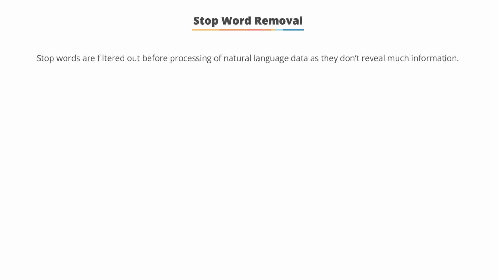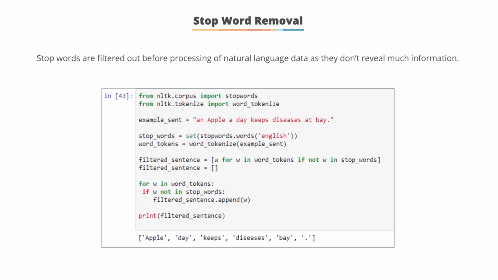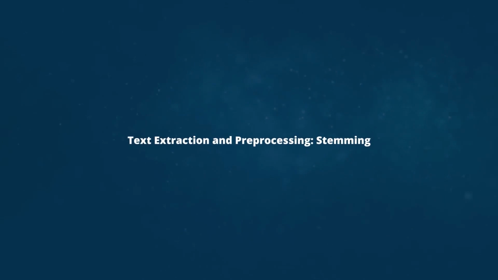Stop words are filtered out before processing of natural language data, as they don't reveal much information. So as you can see in the given example, before filtering the sentence, the tokenization of stop words is processed in order to remove these stop words, and the filtering is applied in order to filter the sentence based on some criteria.